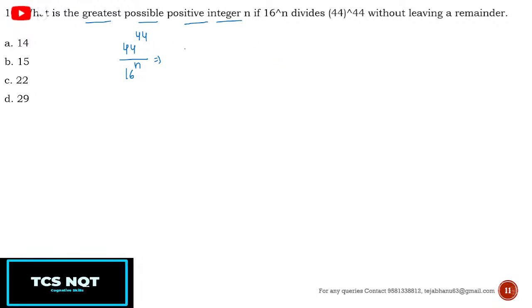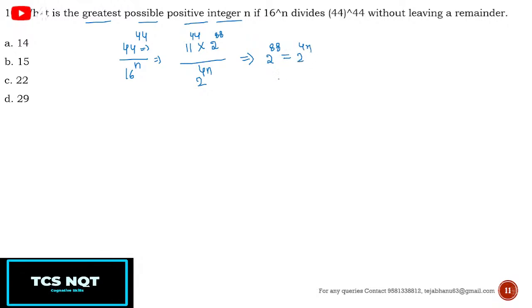Greatest means HCF, right? We have to find out the common terms. So 44 can be written as 11 fours, 11 power 44 into 4, which can be written as 2 square. 2 into 44, it's 88, by 2 power 4n. 2 power 88 is equal to 2 power 4n.